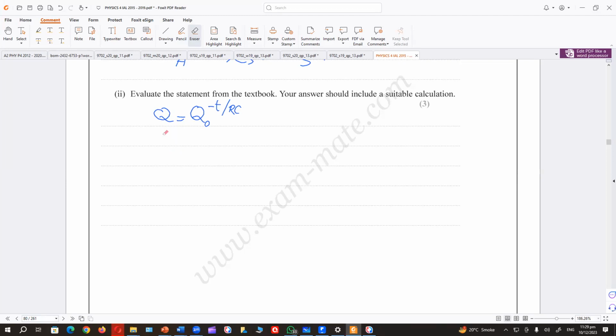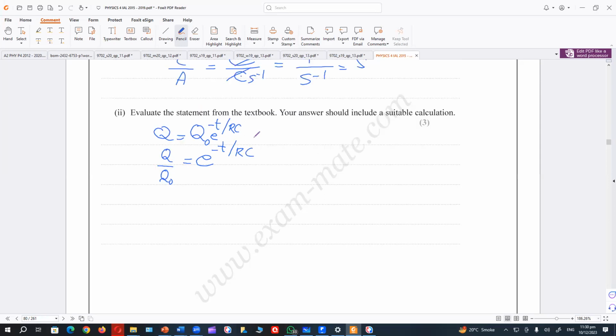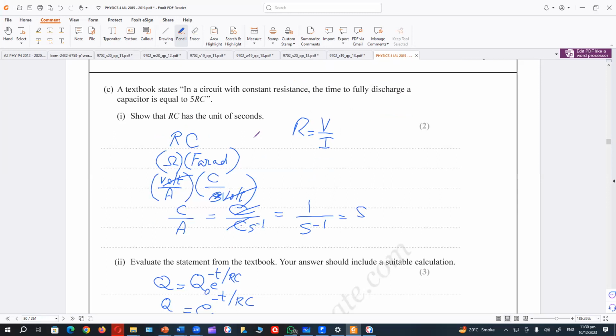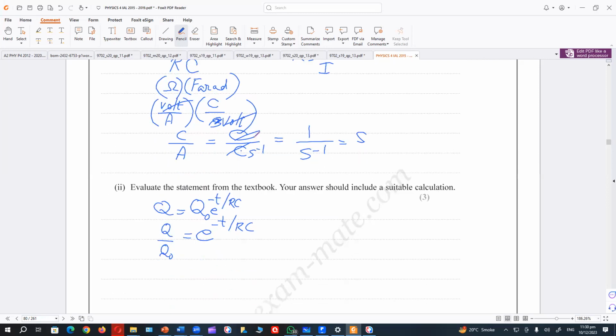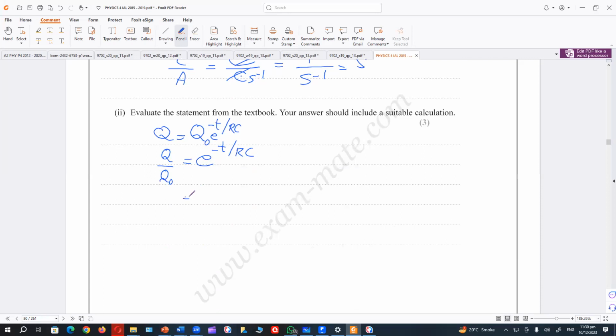I want to make it Q upon Q naught, and it is this formula. I can take ln also on both sides. Time constant is given, 5RC. Now this is the working.